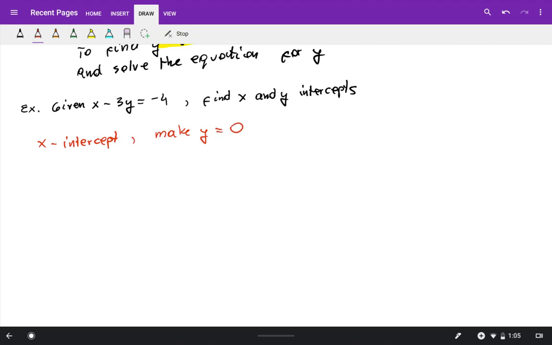So we're taking that equation, which is x minus 3, and we're going to replace y with 0, equals negative 4. And we're going to solve this equation for x. So we're getting x equals negative 4. So this one is the x-intercept.